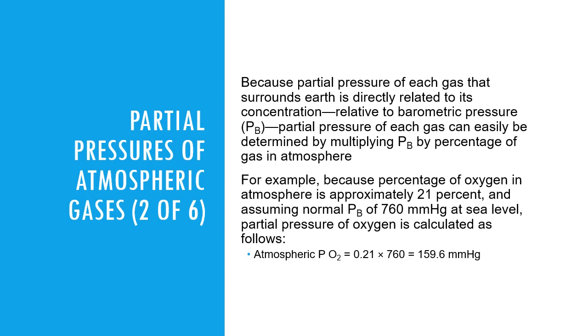For example, because the percentage of oxygen in the atmosphere is approximately 21%, and assuming that normal barometric pressure is 760 millimeters of mercury at sea level, the partial pressure of oxygen is calculated as follows: 0.21, or 21%, times 760 is equal to 159.6 millimeters of mercury. I want you to try this now on your calculator and see how you do.